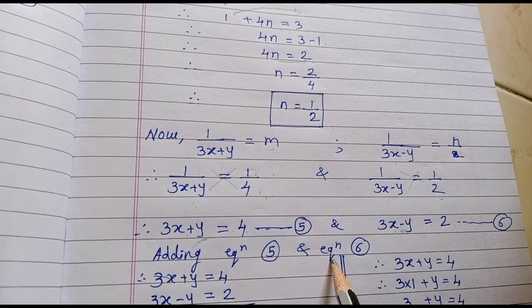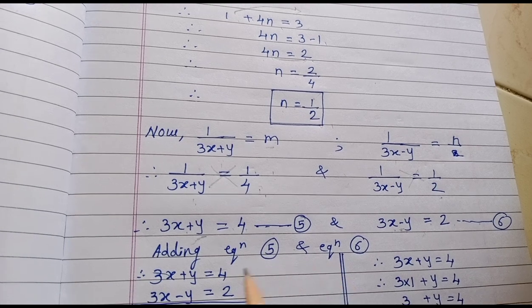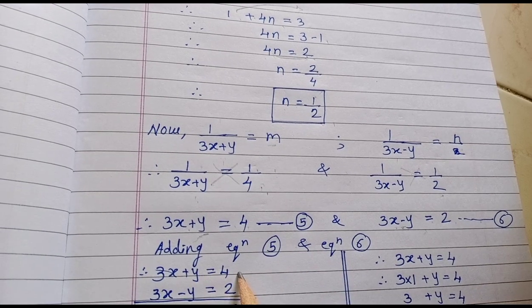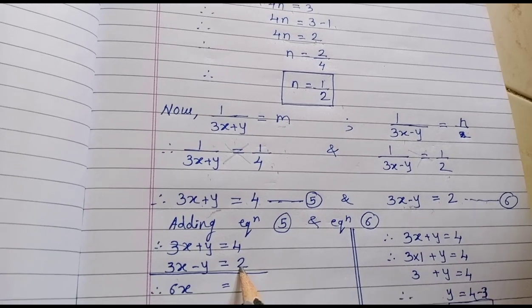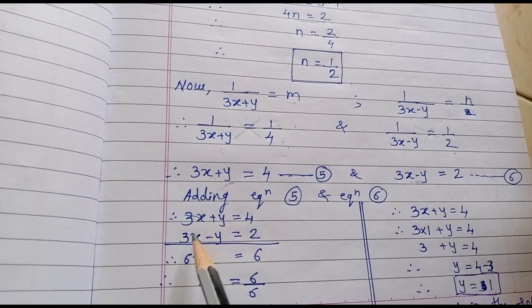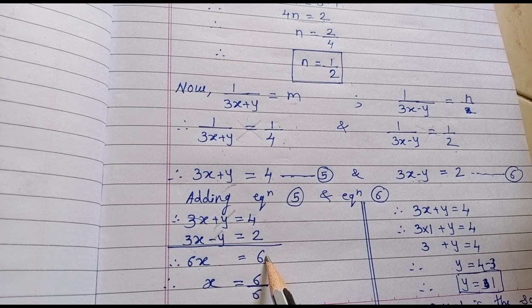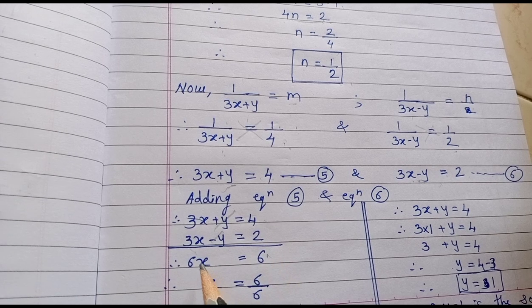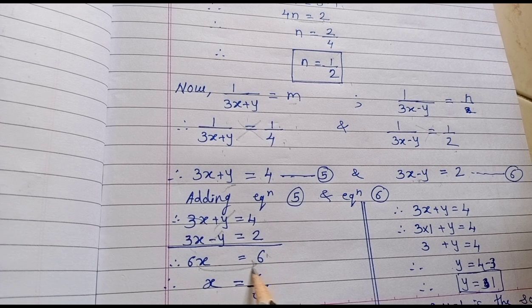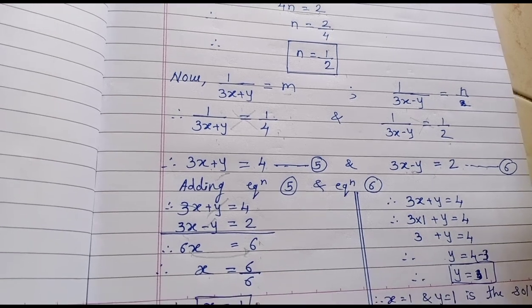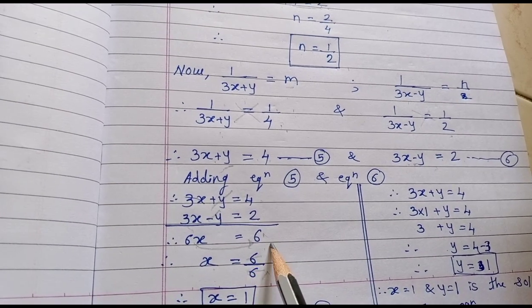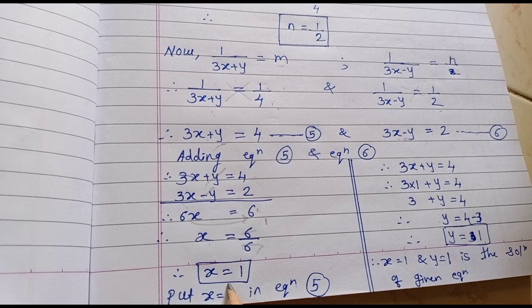So adding the 5th and 6th equations, 3x plus y is equal to 4, 3x minus y is equal to 2. See, 3 plus 3 is 6x, plus y minus y cancels, 4 plus 2 is 6. Therefore x is equal to 6 upon 6, 6 1s are 6, so x is equal to 1.